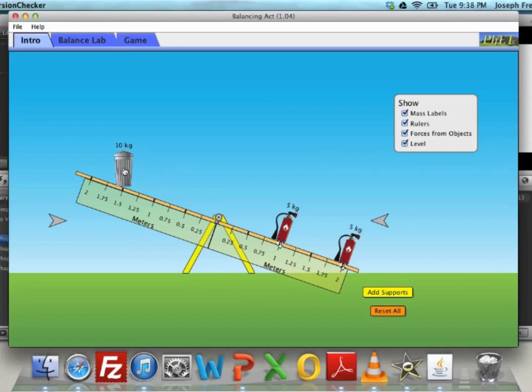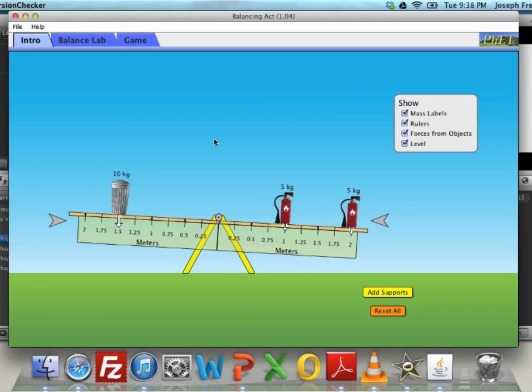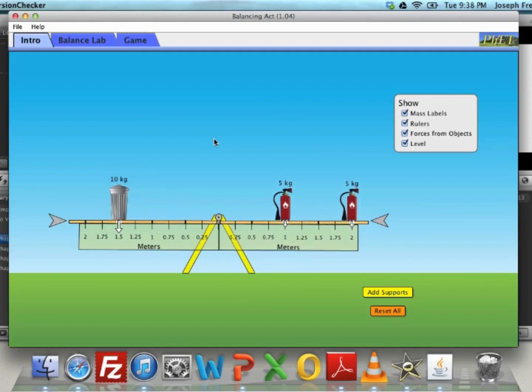So let's put it there, and sure enough, they balance. 10 times 1.5 is 15, and that is the sum of these two torques: 5 times 1, which is 5, and 5 times 2, which is 10. So 5 plus 10 is 15, and they balance each other out.